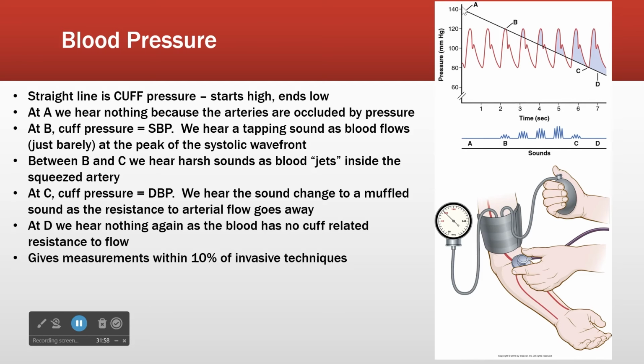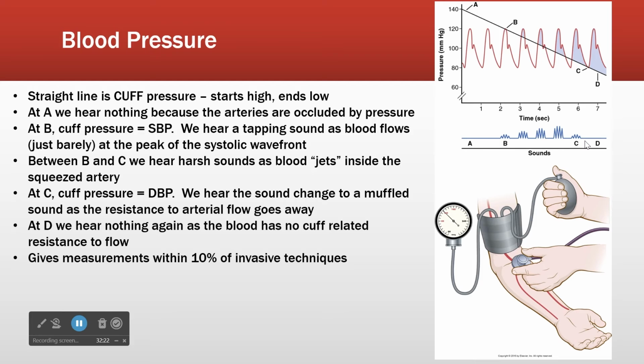So that's where we are here at A. If we take our handy-dandy stethoscope and we listen over the antecubital fossa right there, at A, we're not going to hear anything because no blood is moving because we've created a tourniquet, right? We've blocked that blood flow with pressure.